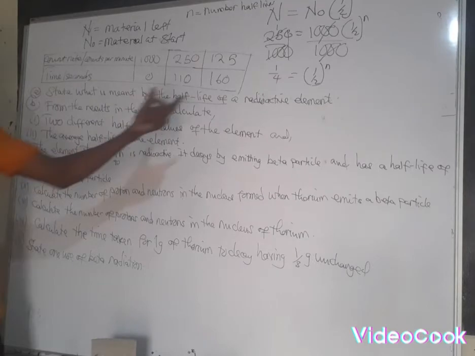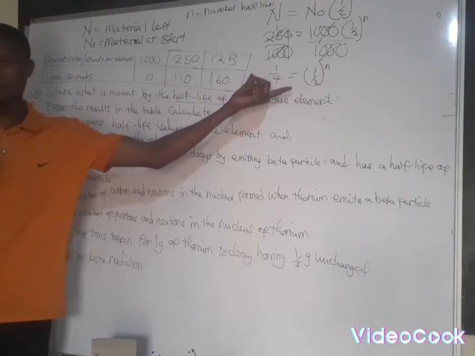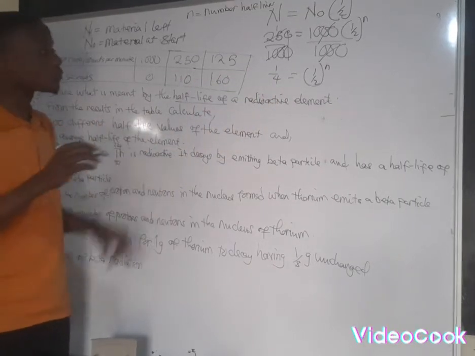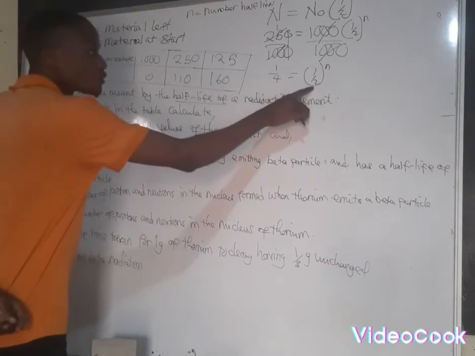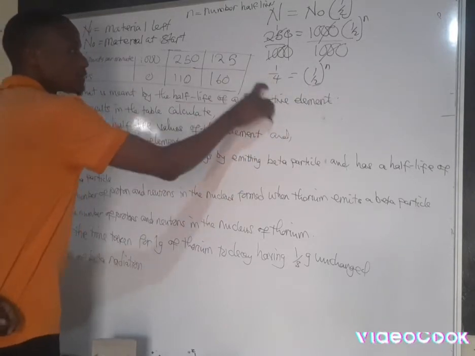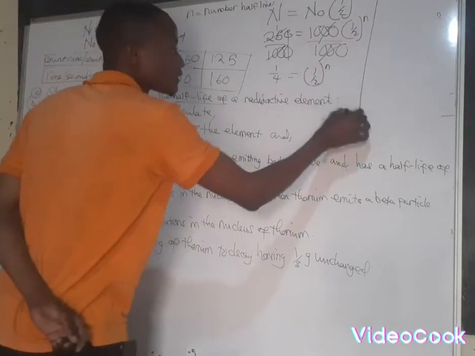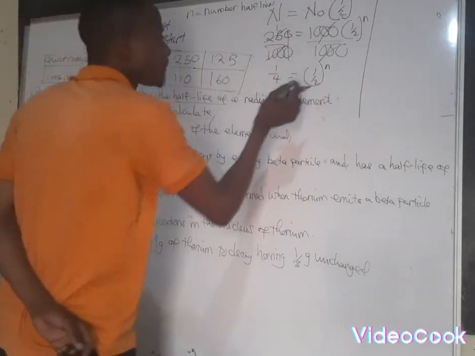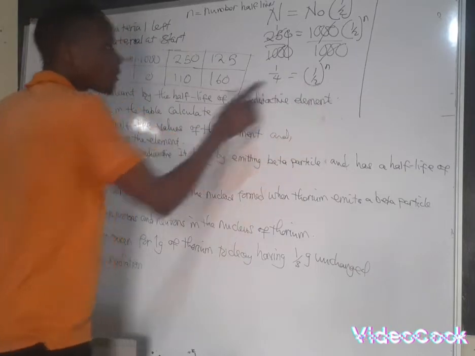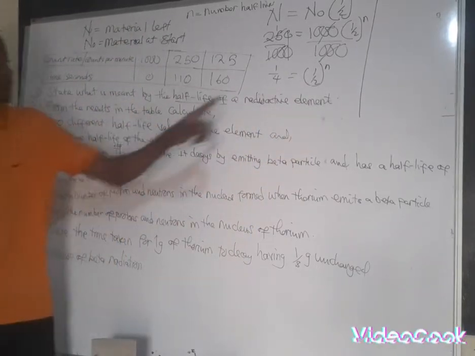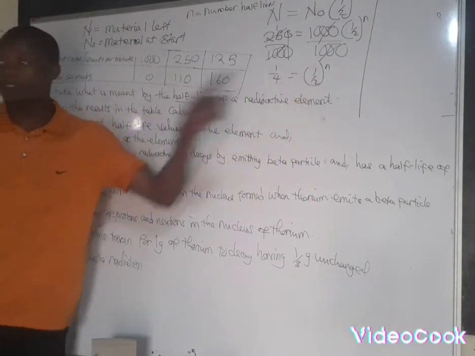Now you can simplify this using indices. You find a number which you can power 1 over 2 to give you the same as 1 over 4. In indices you solve this by making the bases the same.